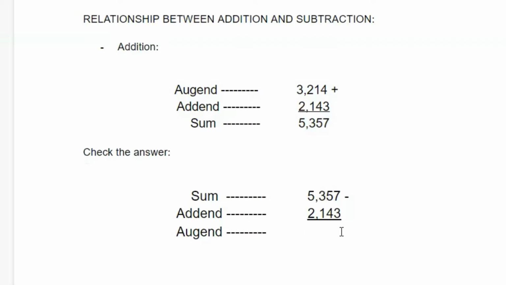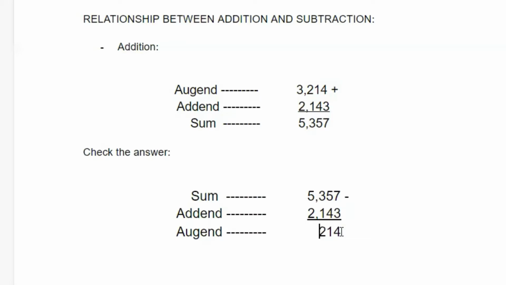First, we have 7 in the ones place. 7 minus 3, how much is it? 1, 2, 3, 4. We got 4, so we write the number 4. In the tens place, 5 minus 4, 1. Then 3 minus 1, there are 2 left.